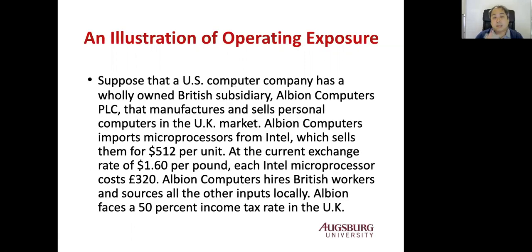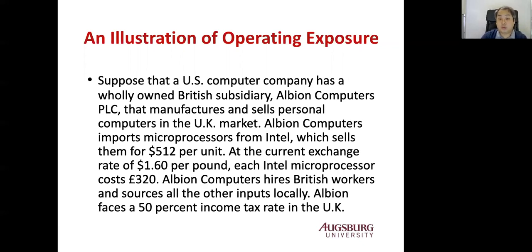So let's look at the case. Suppose that a United States computer company has a wholly owned UK subsidiary, Albion Computers PLC, so that's a UK company, that manufactures and sells personal computers in the United Kingdom market. Albion Computers imports microprocessors from Intel, a US company, which sells them for $512 per unit.